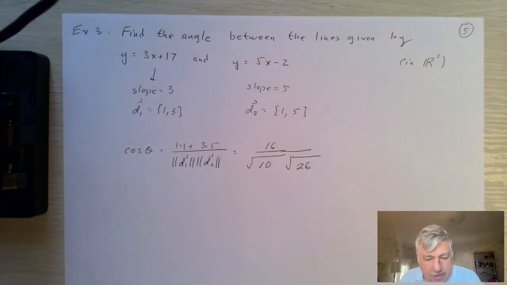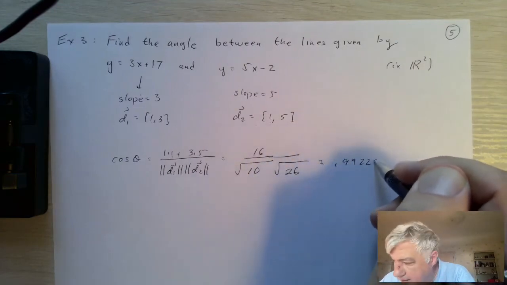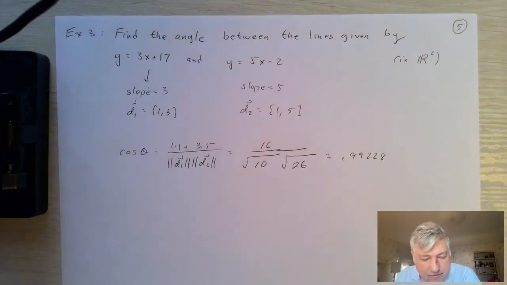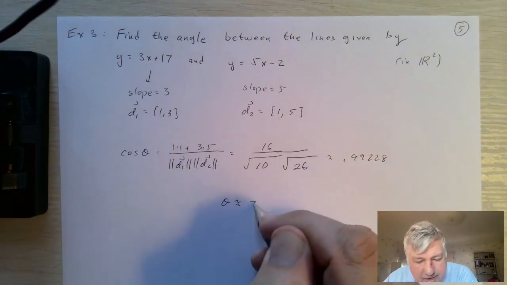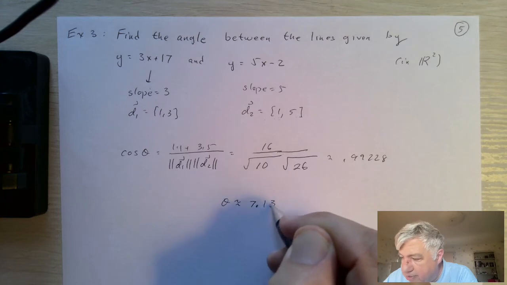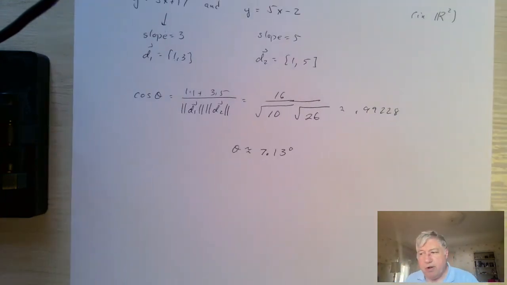And this is where you use the calculator. This is approximately 0.99228. You take the inverse cosine of that, and theta is approximately 7.13 degrees. That's what's going on here.